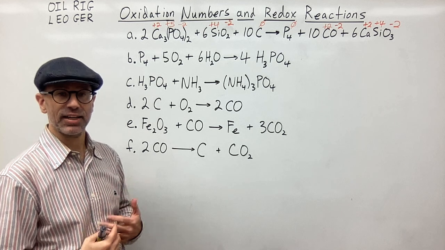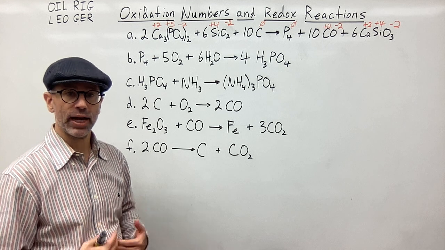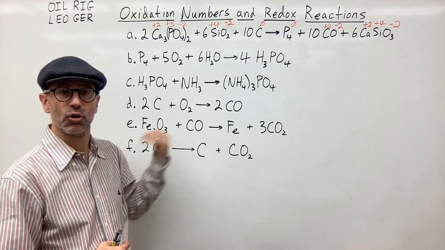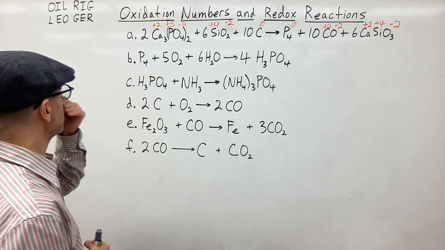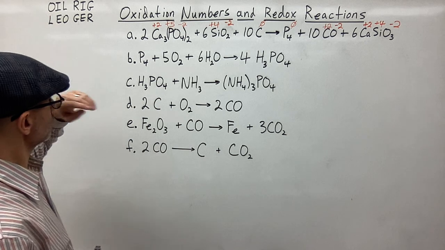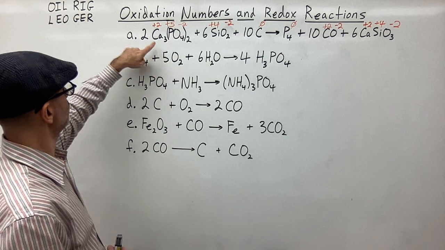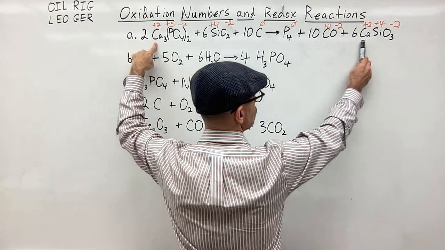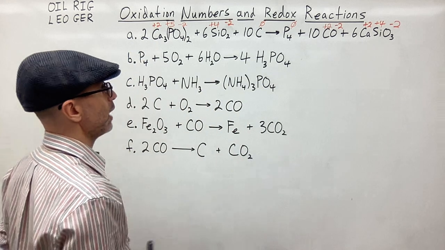If you gain electrons, you're going to be more negative. So we've got to look at what elements became more positive or more negative. Okay, so OIL RIG, oxidation is loss. So we look at calcium. Calcium is a +2. Calcium is a +2. No change. So nothing happens there.